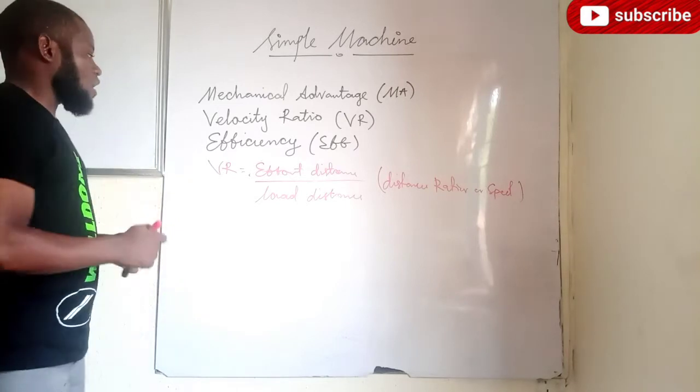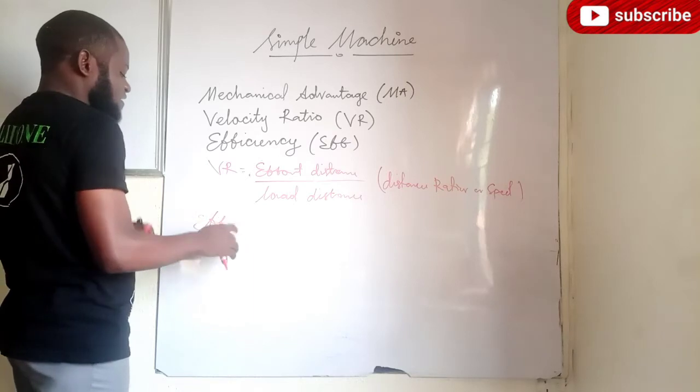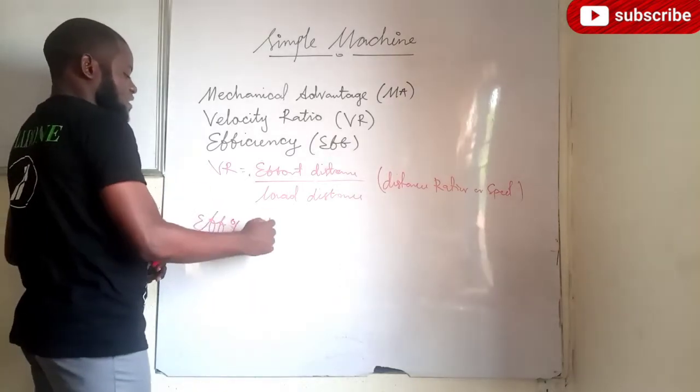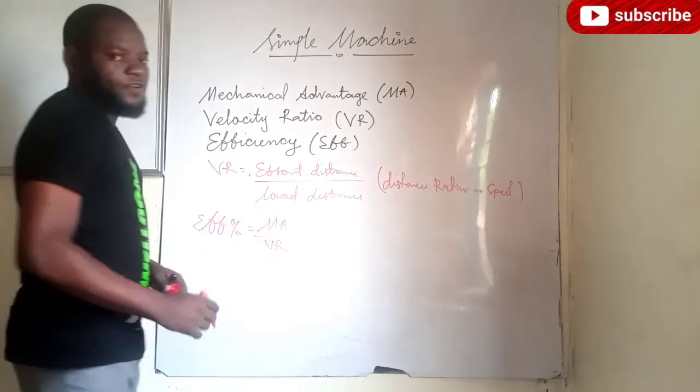Cool. So our efficiency in percentage is given as mechanical advantage divided by velocity ratio.